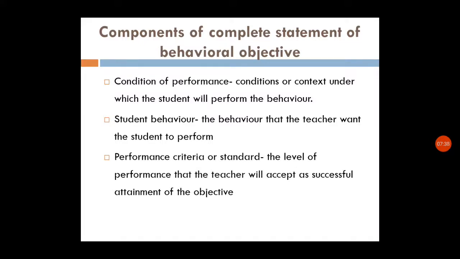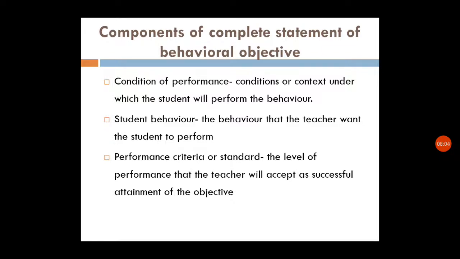The third one is performance criteria or standard, the level of performance that the teacher will accept as successful attainment of the objective. So when the student is performing some behavior, at what level will the teacher accept the behavior?